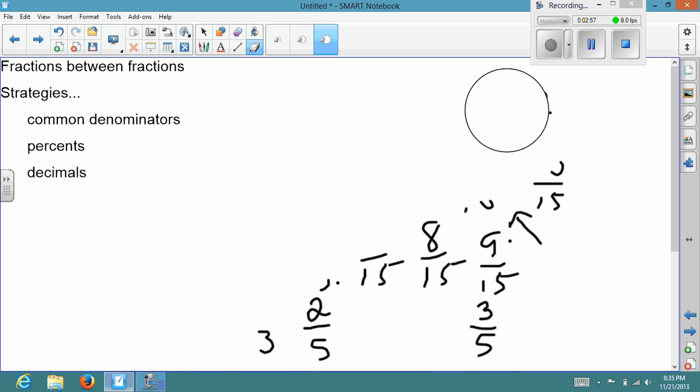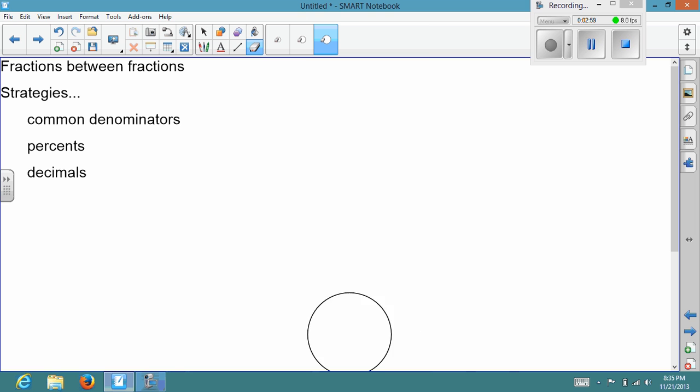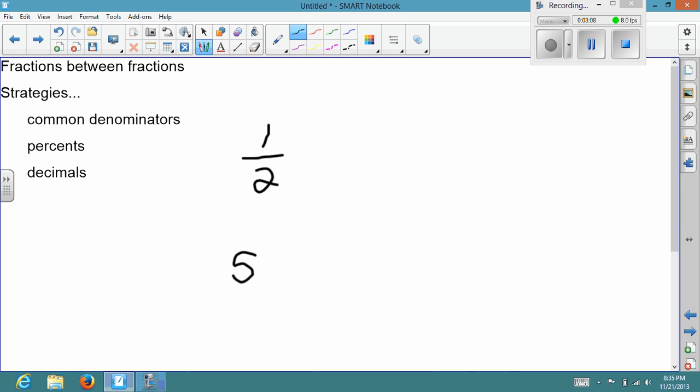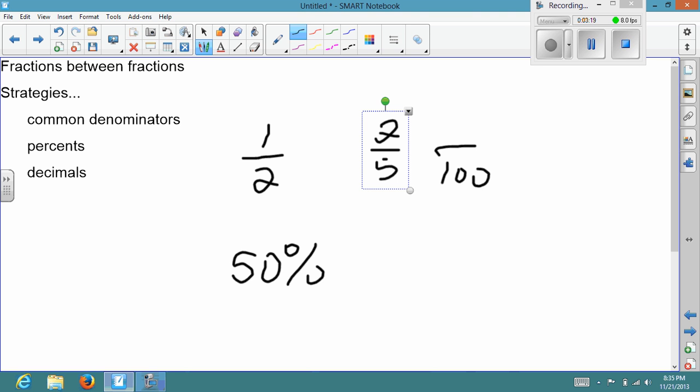Okay, so the second strategy would be to use percents. You'll recall a percent is a comparison to 100. So if I have 1/2, that's 50%, 50 out of 100. And if I have 2/5, that's 40%, because I'd multiply this by 20 and this by 20.